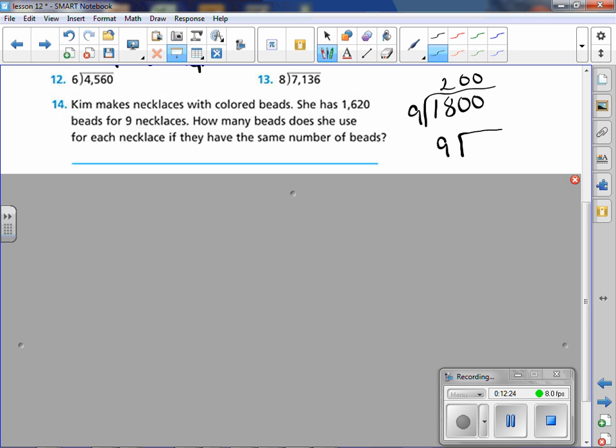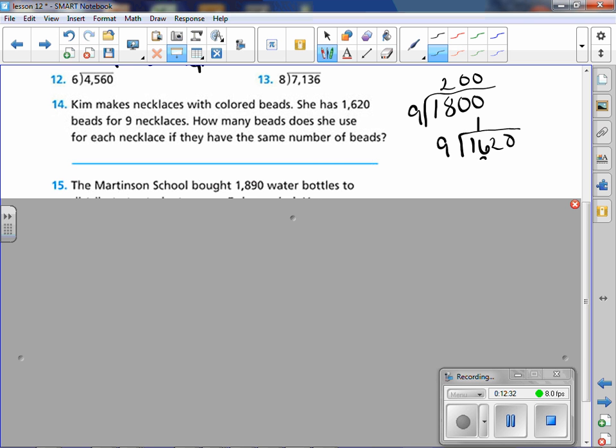Okay, so remember, the estimation just lets us know whether we are close or not. You can't put 9 in there twice, so 1, put that 9 down, subtract out, we get 52. Okay, 8. 9 times 8. Did I do this right?